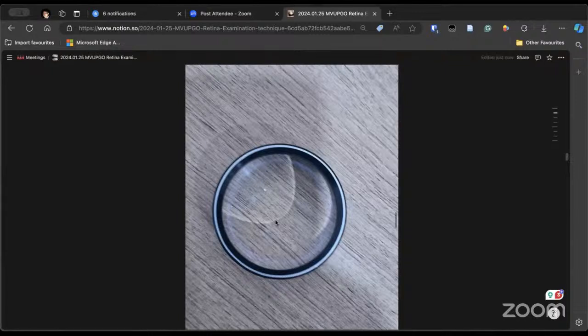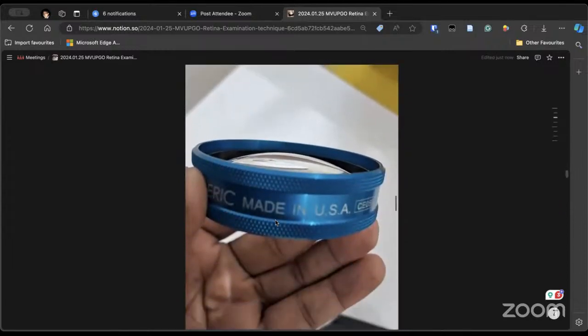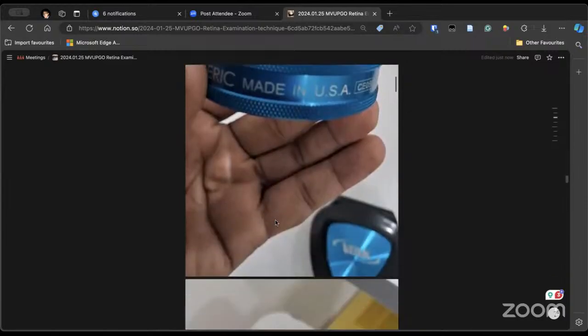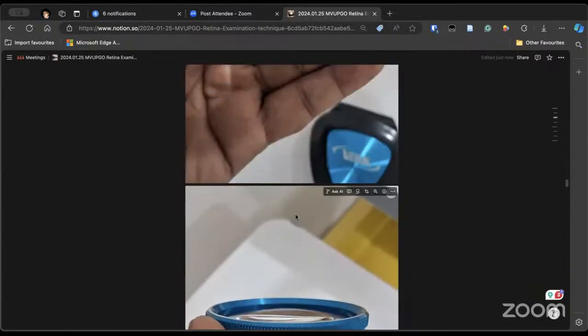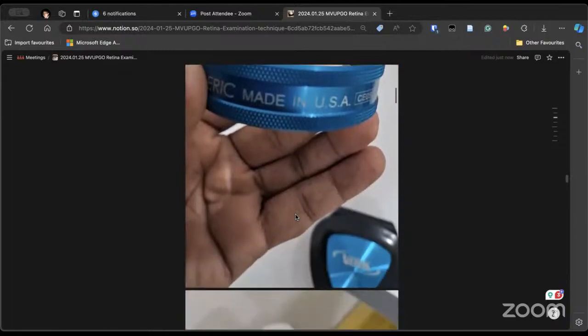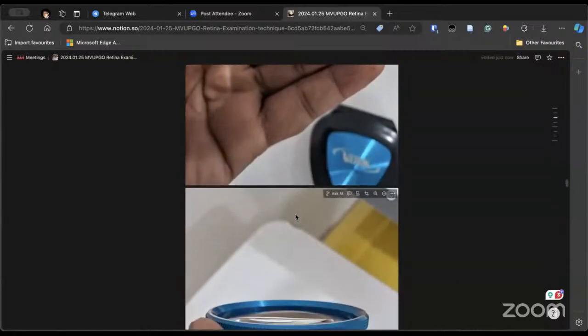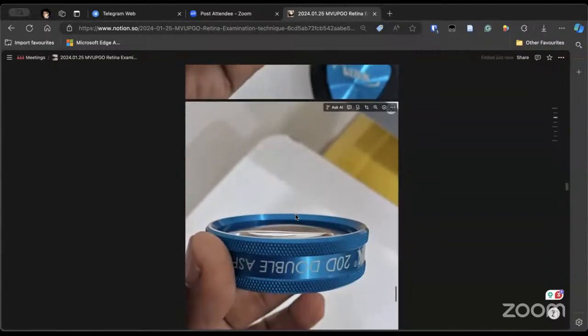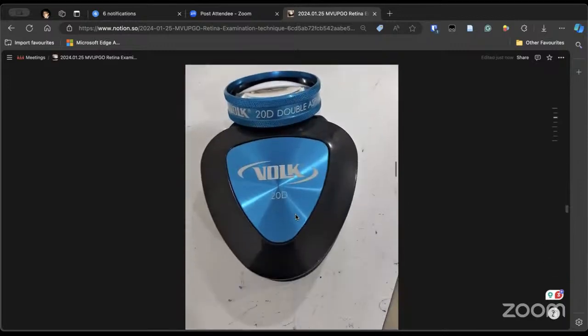If you keep this white side toward the examiner, it will create more reflections. The convexity of the white side is less. You can see this: this is the side in which white is not there, and this is the side in which white is there. So convexity is less in the white side, so it will create more reflection.